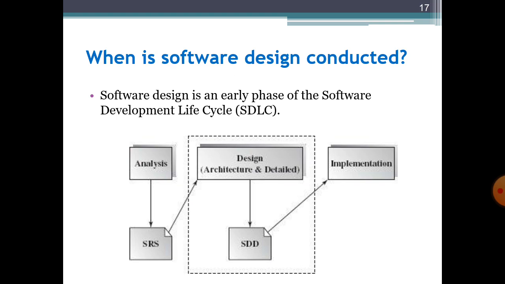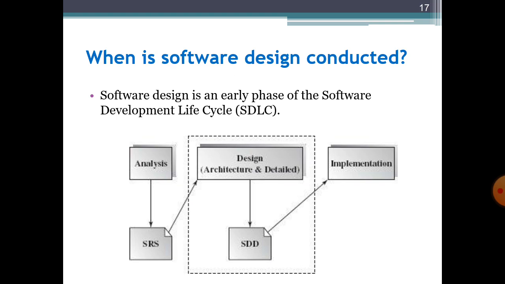So you can see that the output of the requirement analysis phase is the SRS document, and the output of the design phase is the SDD, the software detail design document.